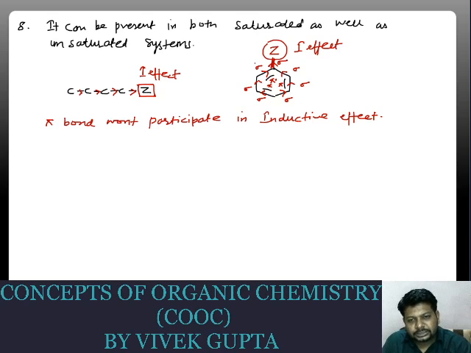Though the system is unsaturated, any carbon atom which is having a double bond or triple bond, we know very well that first condition is formation of a sigma bond, then only a pi bond can be formed. So sigma bond is always present in a molecule which is a covalent molecule or an organic molecule. Additionally pi bonds may be present or may not be present. So if sigma bond is there, then I effect will be there.